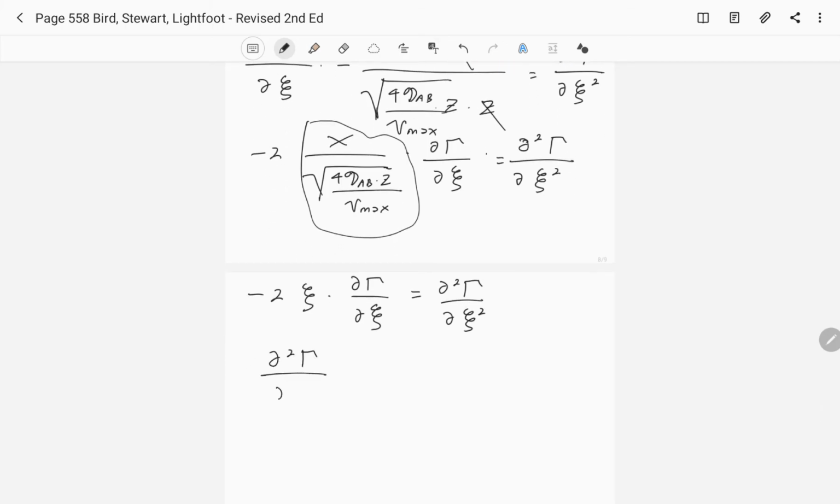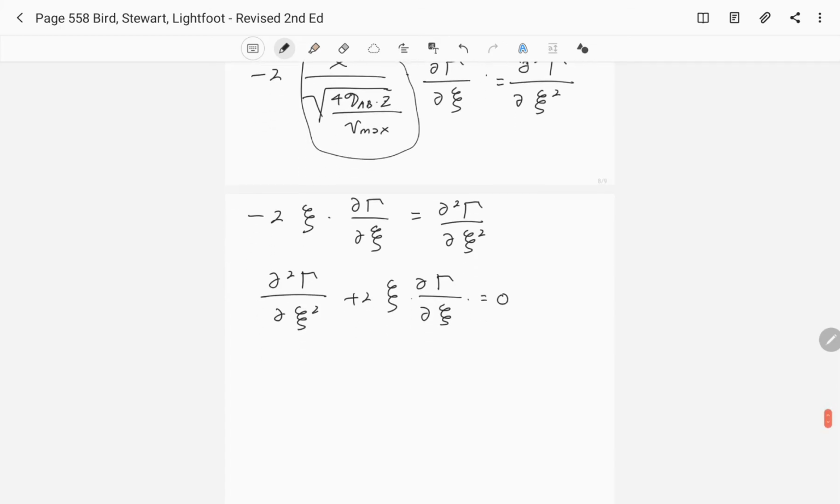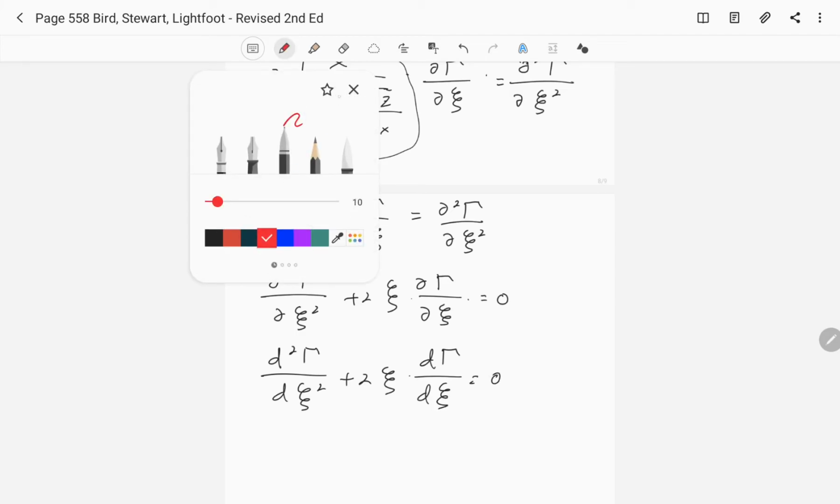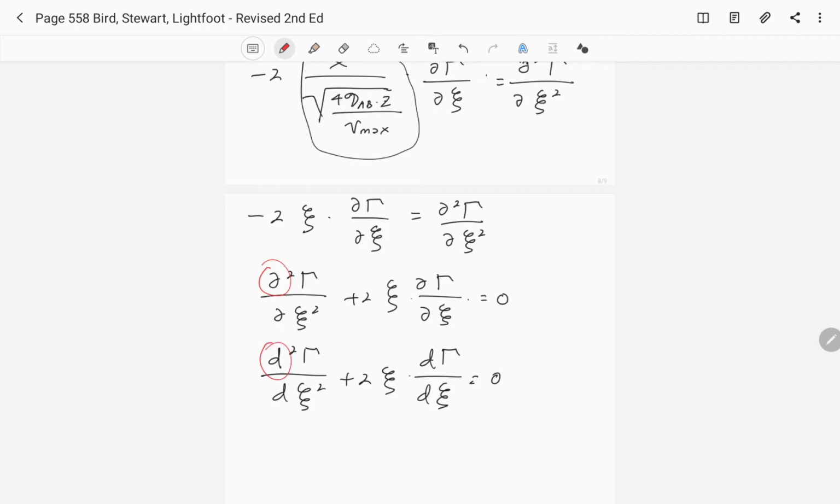And what follows is just we arrange the terms accordingly. Here we change this sign into this sign because now you only have one independent variable instead of two independent variables.